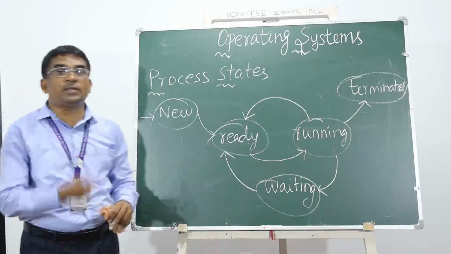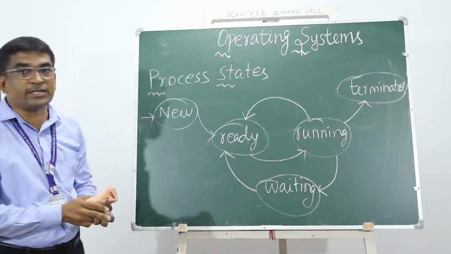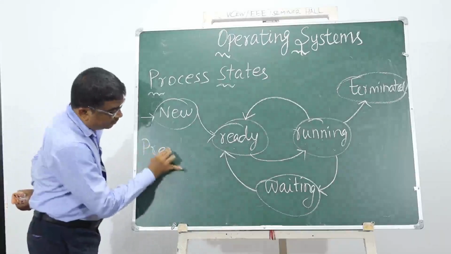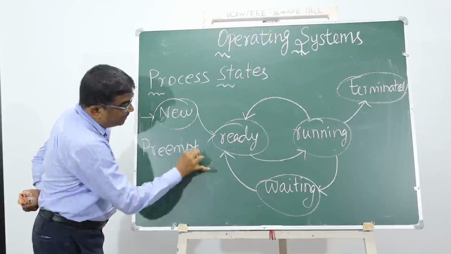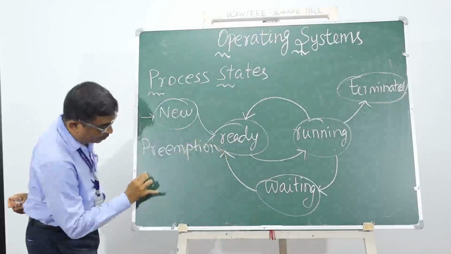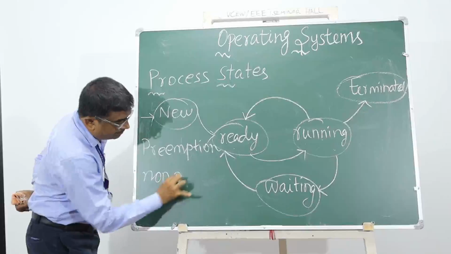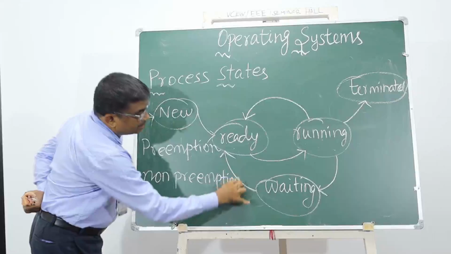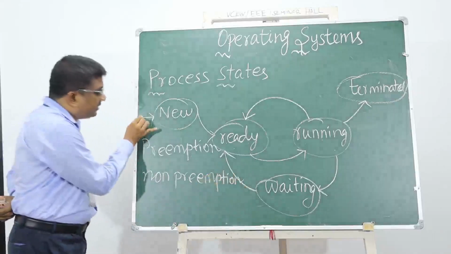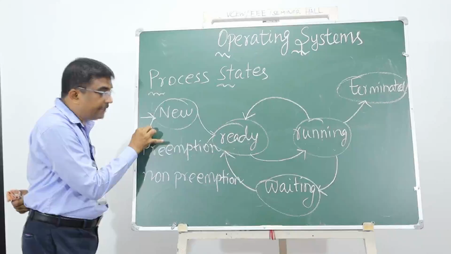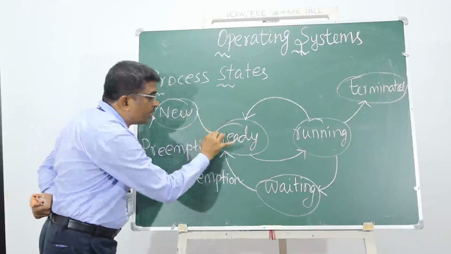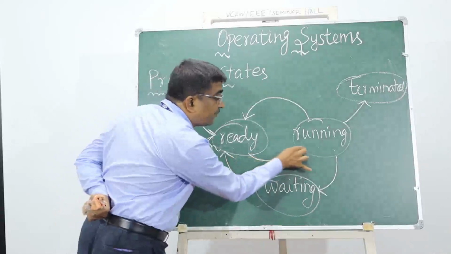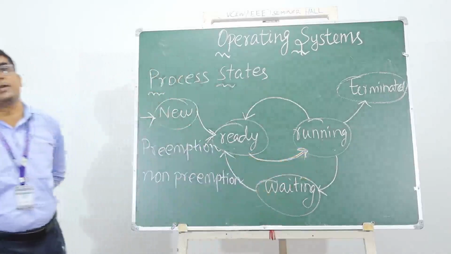Here we have two important concepts. One is preemption, and another one is non-preemption. Non-preemption means the process is admitted, goes to the ready state, and again goes to the running state without any interruption.